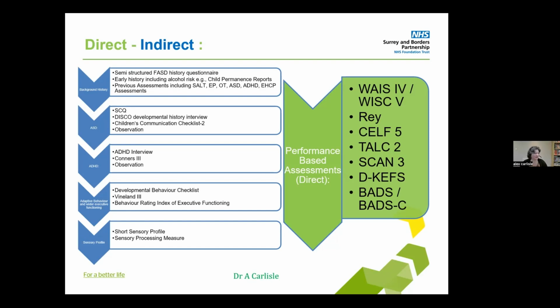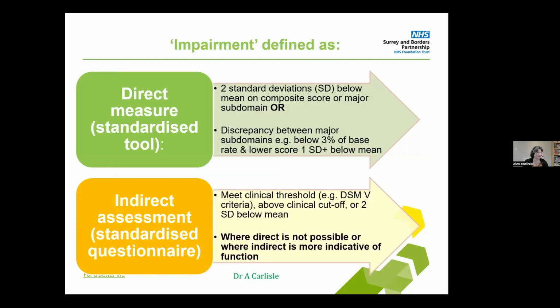And there's an example here of the kind of indirect assessments that we use. They may still be based on standardized tools, so they may still have a psychometric component. An indirect assessment would be something like a questionnaire or standardized measure.